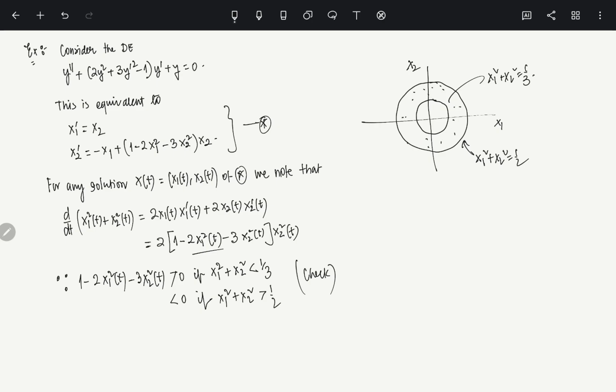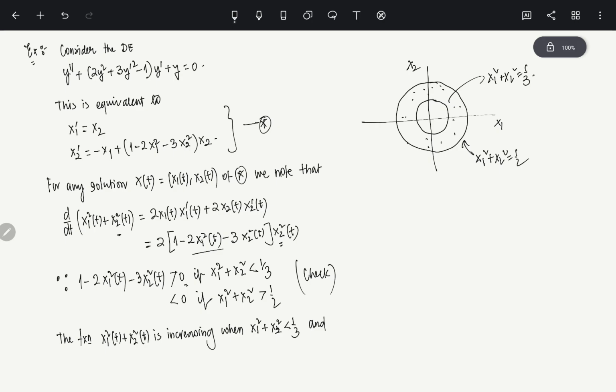Now since d/dt of x1 square plus x2 square is positive where x1 square plus x2 square is less than 1 by 3, and negative if x1 square plus x2 square is greater than half, what we can say is this: the function x1 square t plus x2 square t is increasing when x1 square plus x2 square is less than 1 by 3, because d/dt of this function will be positive.